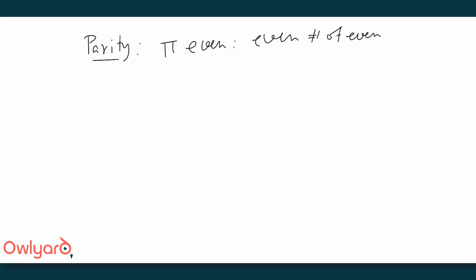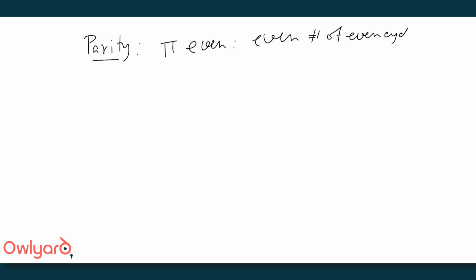Okay, in order to appreciate the subgroups of a symmetric group better, let me introduce some additional definitions here. So the first thing that we will see is called parity of a permutation. So we can say that a permutation pi is even, or it has an even parity, if it has an even number of even cycles.